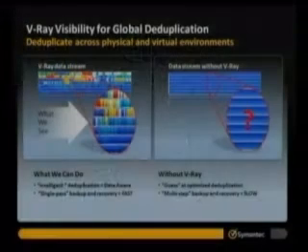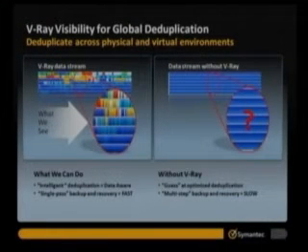This is an example about what we can actually see with V-Ray. And if you use your goggles, you'll actually see secret images on the slide here. But this is one of the things that when we do a virtual machine backup, we are actually understanding all of the information, all of the files within the virtual volumes, so within the VMDK files, right?